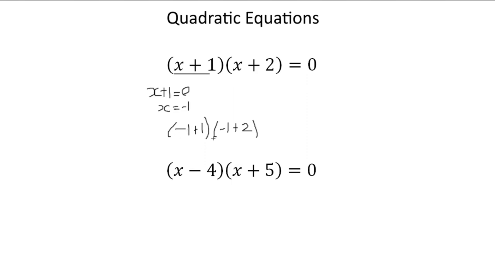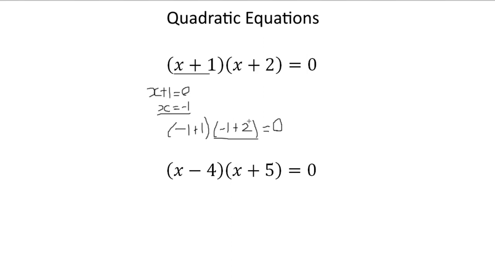And 0 times this is also equal to 0, which in turn satisfies the right side, because that is also equal to 0. So we basically just found a way such that the left side is equal to the right side by making x equal to minus 1. So this is one of the two solutions for the quadratic equation.